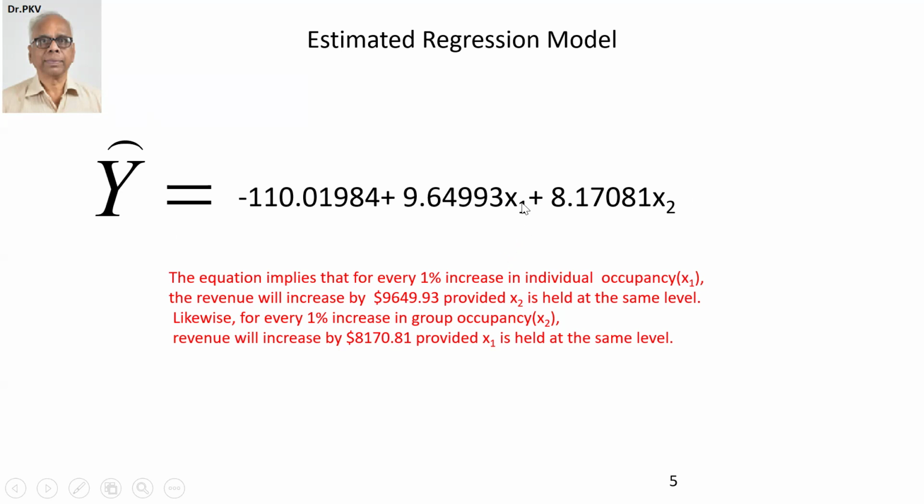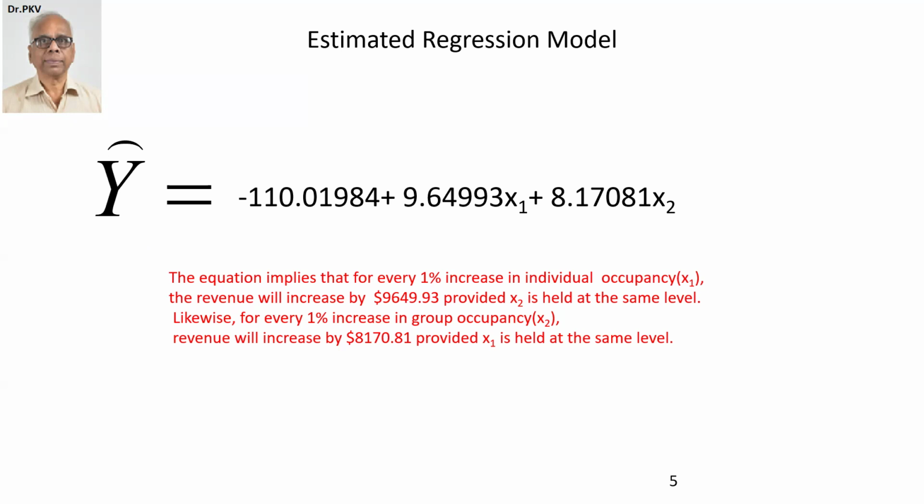Likewise, keep x1 at the same level, then we interpret the slope of x2 as for every 1% increase in x2, the revenue is expected to go up by $8,170.81. This is the interpretation.